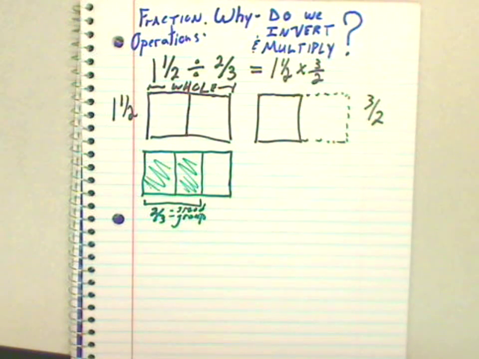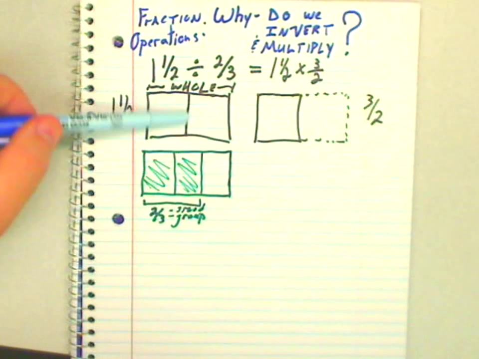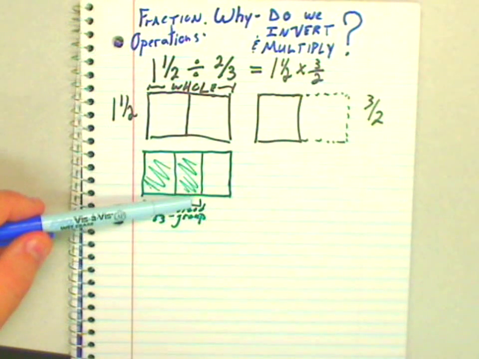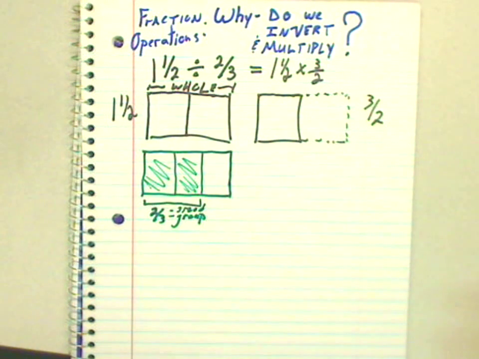All right. So traditionally, what we would do is make sure that we have a common partitioning between the stuff that we have and the group sizes that we want to make. That way it's easier for us to see how many pieces we need to make a full group. That's the normal process, so we can do that really quickly just so we know where we stand and what kind of answer we should be getting.